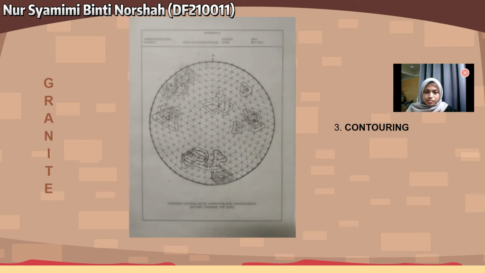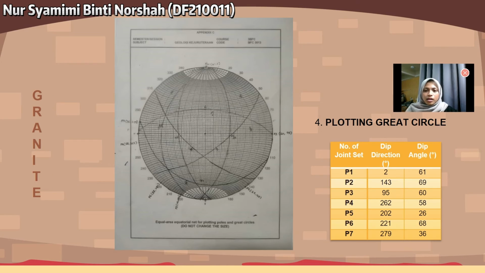Next is plotting the grid circle, where we take the contoured joint sets and plot them in this equal area equatorial net for plotting poles and grid circles. After this, we can get the dip direction and dip angle for our joint sets.